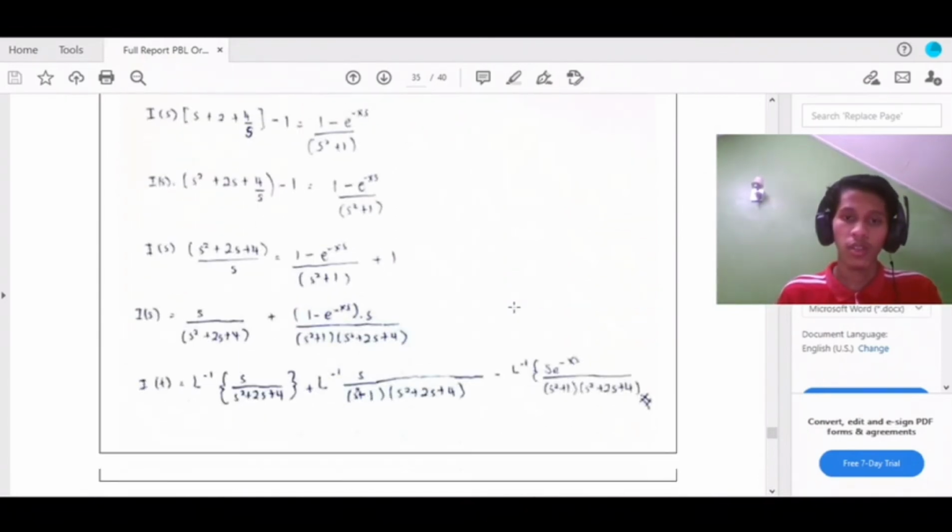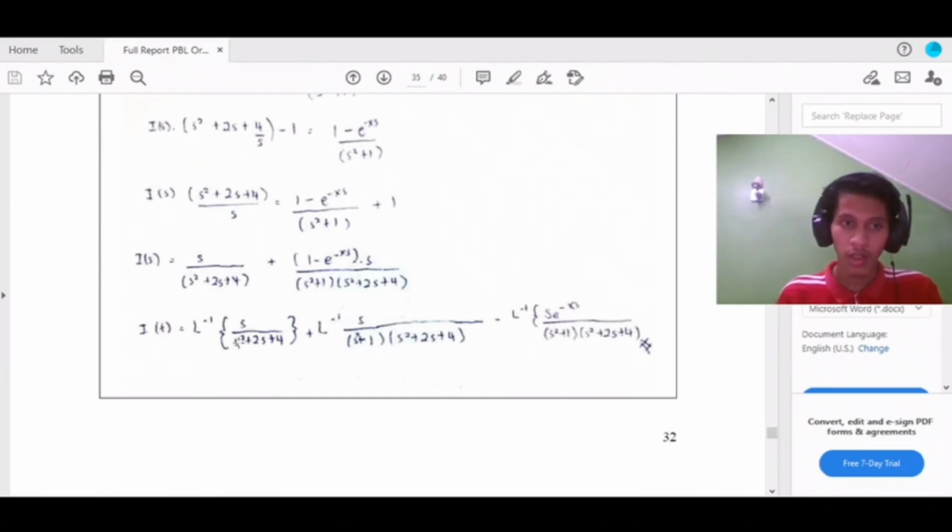The final answer that I got is i(t) equals the inverse of s over (s squared plus 2s plus 4) plus the inverse of s over ((s squared plus 1)(s squared plus 2s plus 4)) minus the inverse of e^(-pi s) over ((s squared plus 1)(s squared plus 2s plus 4)).